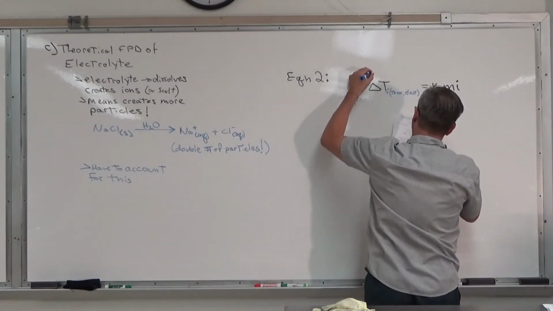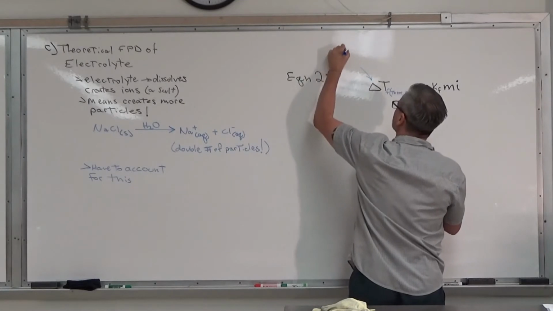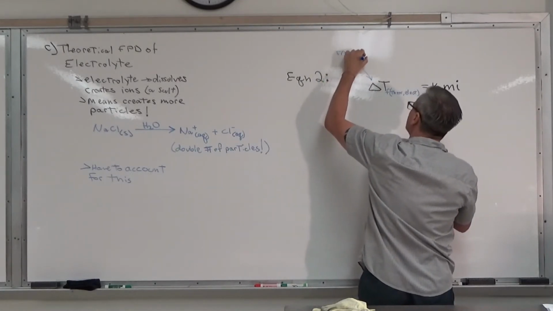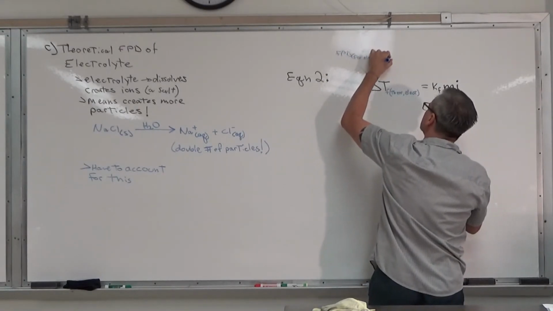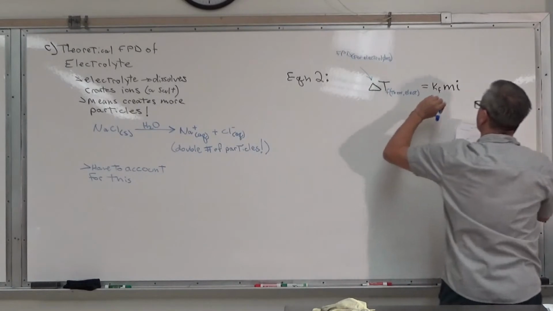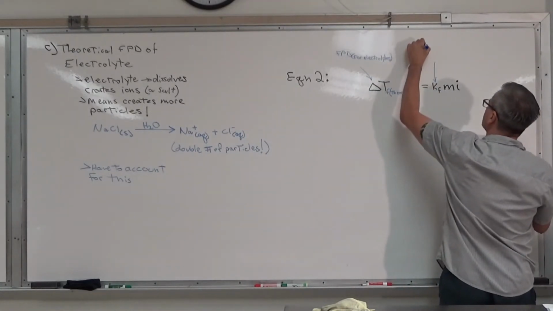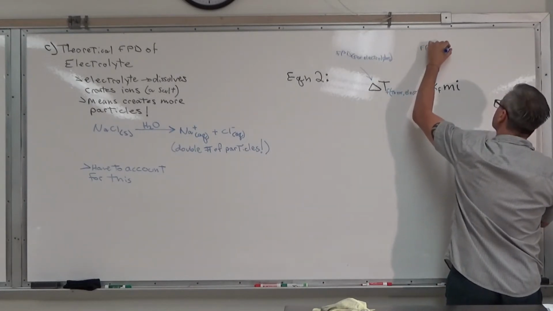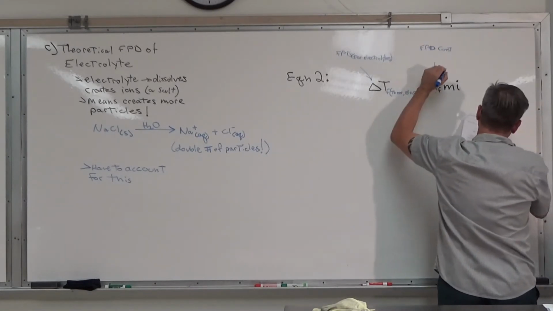All right, so this is freezing point depression for electrolytes. This is still the freezing point depression constant for that solvent.